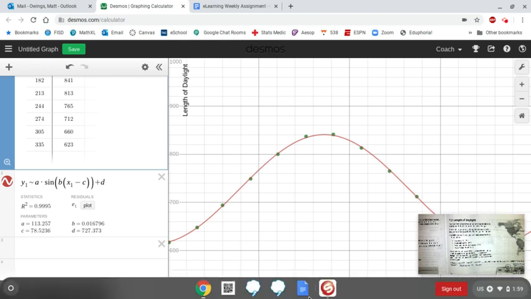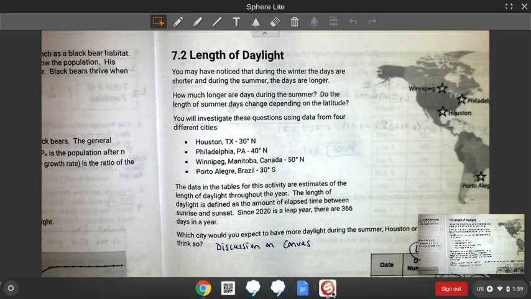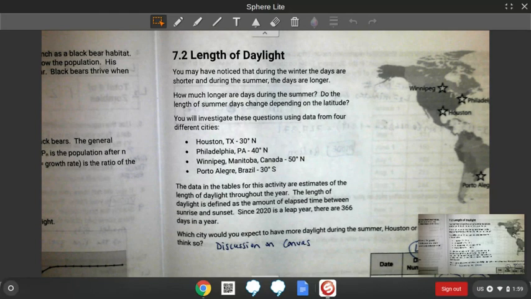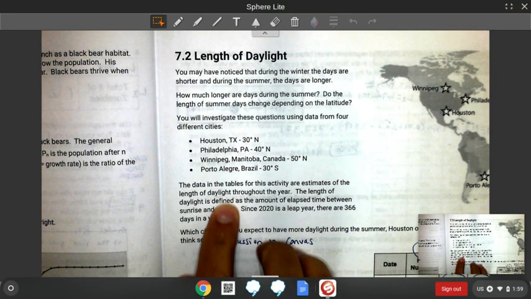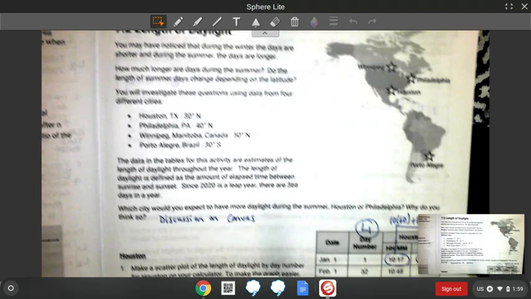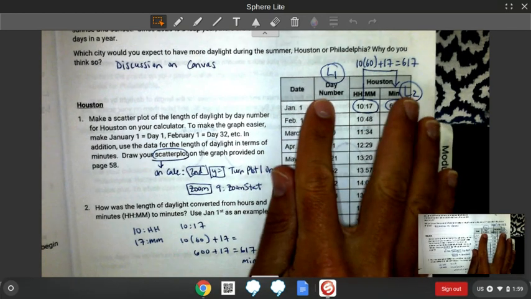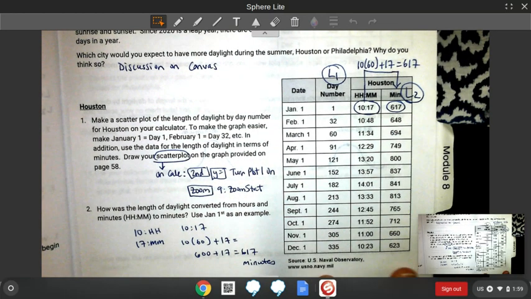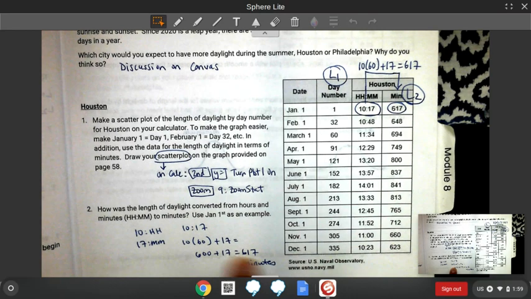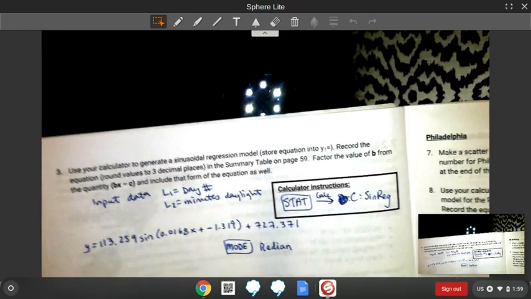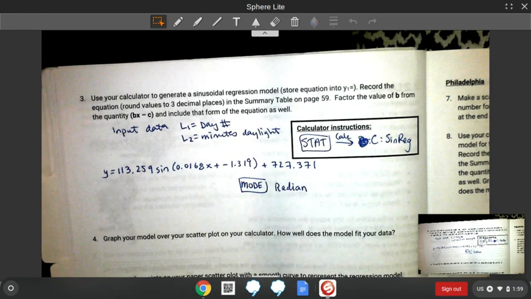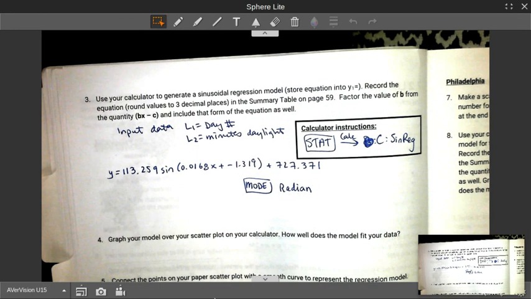All right, welcome back. Last video you saw me, we were talking about the length of daylight. We analyzed Houston first, and we took the Houston data that we were given. We used our calculator to put it in and get a graph and our equation as well.